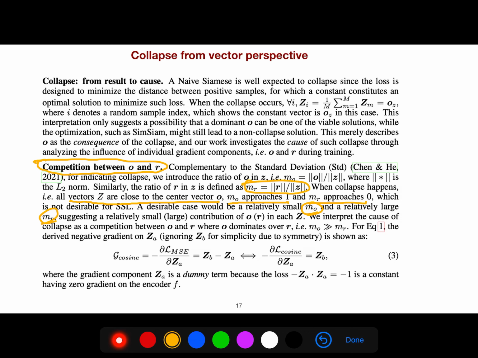So the derived negative gradient is like this, where the gradient component is the dummy term, because the loss is a constant having 0 gradient on the encoder.